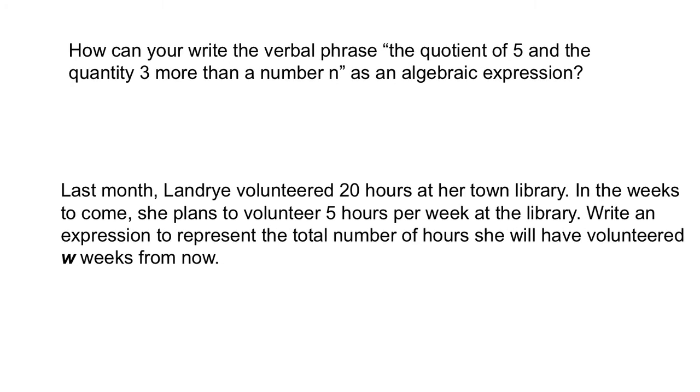Here we have two different examples. So this says, how can you write the verbal phrase, the quotient of 5 and the quantity 3 more than a number n, as an algebraic expression? So I've got 5 and 3 more than a number n. Then I have words like quotient, quantity, more than.